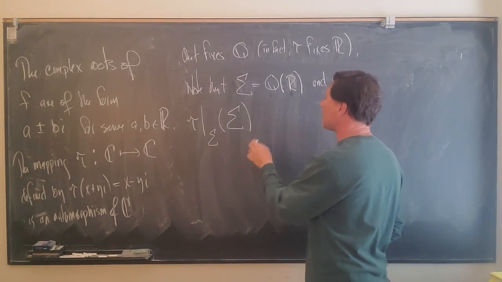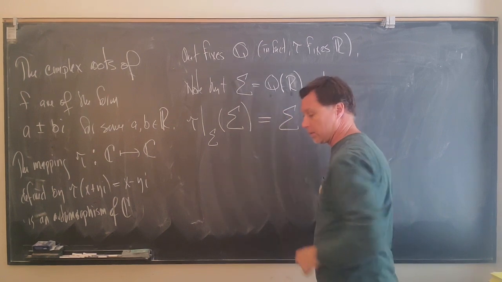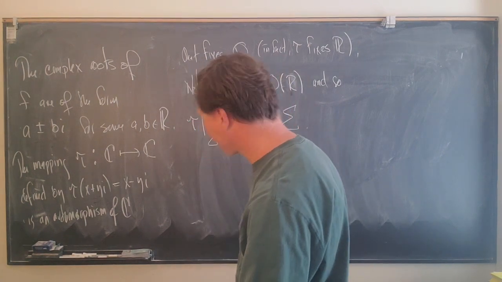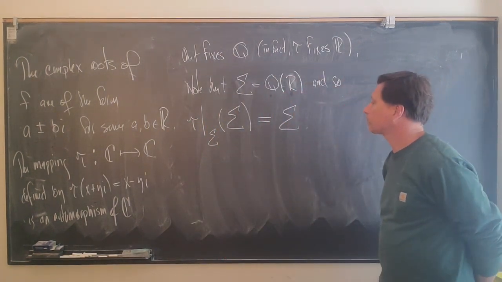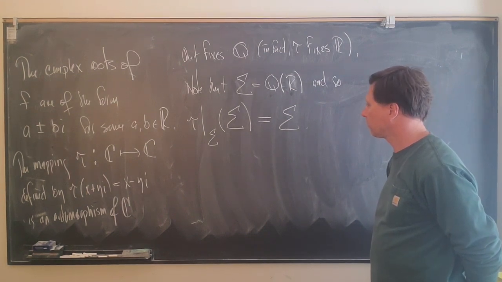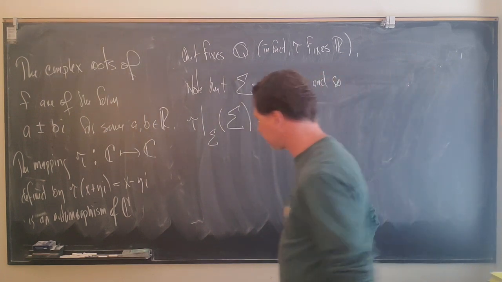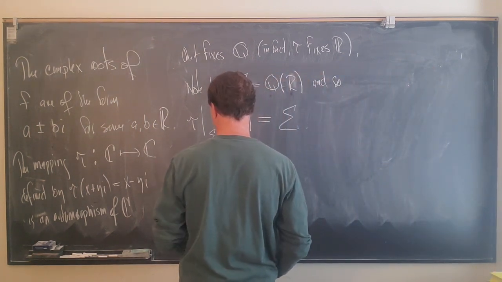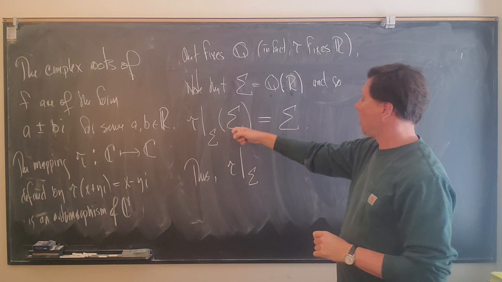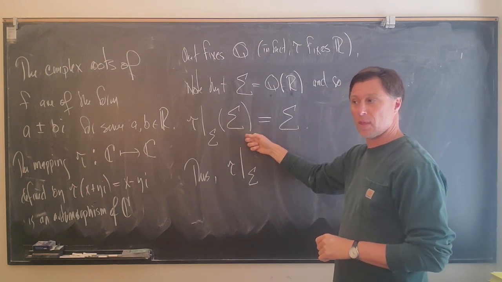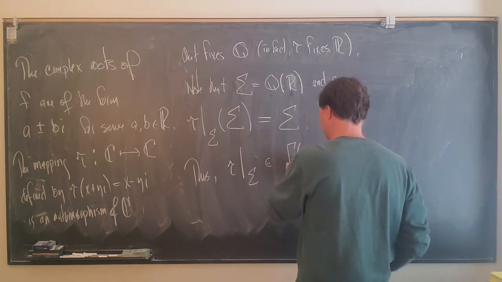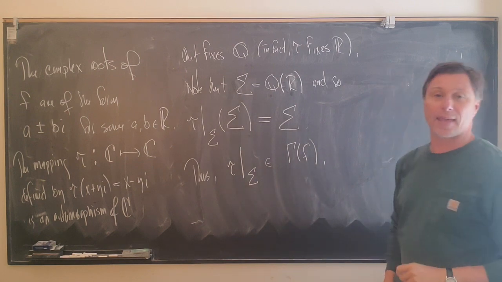And so this is equal to sigma. Okay, fine. What does that mean? Thus, tau restricted to sigma is an automorphism of sigma that fixes Q. In other words, it lives in the Galois group.